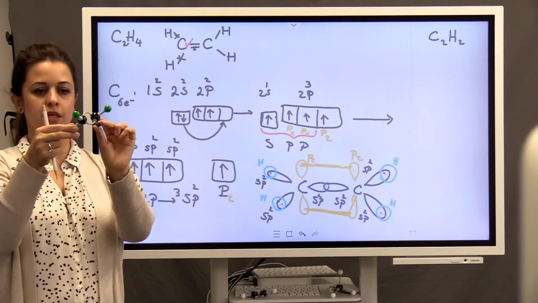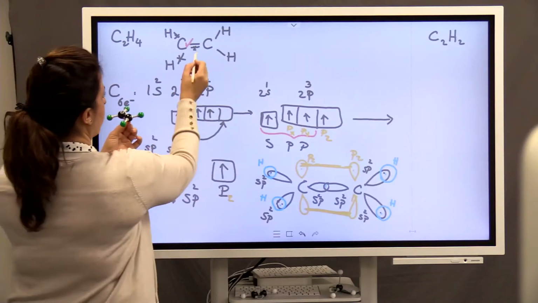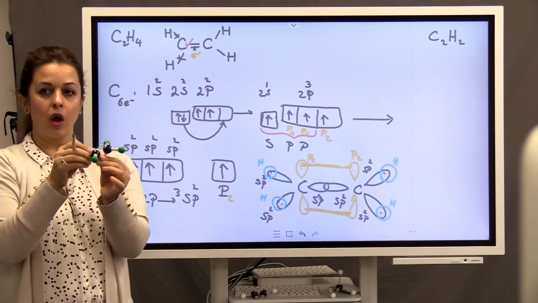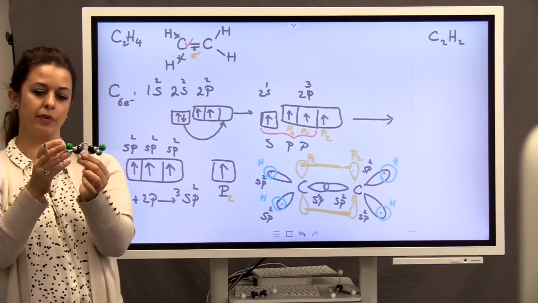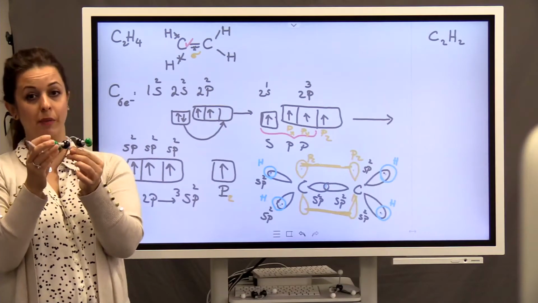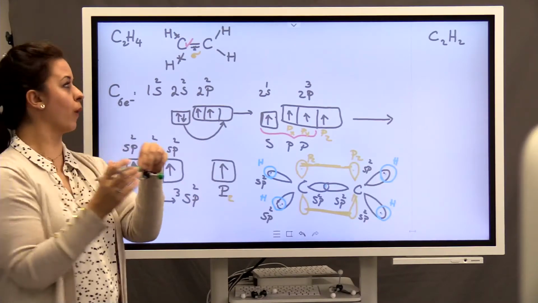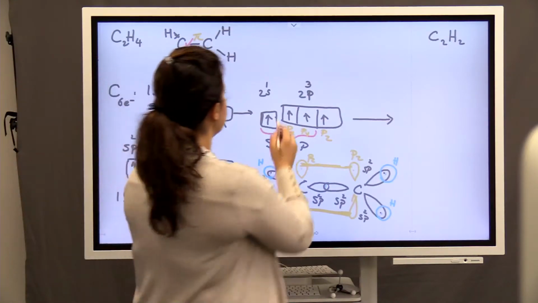You see, this is the sigma bond. We call it sigma bond. You remember we said we call one of them sigma. So the bonds that are formed from hybridization of orbitals are called sigma. And leftover p orbitals will form pi. So one more time.